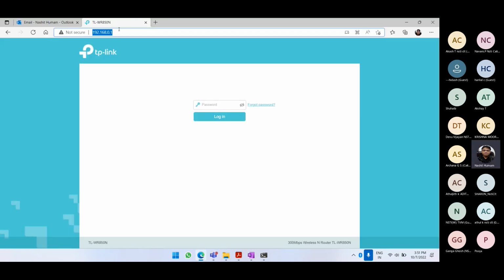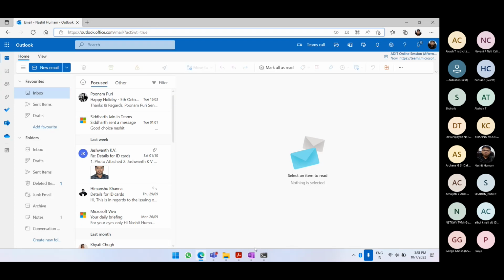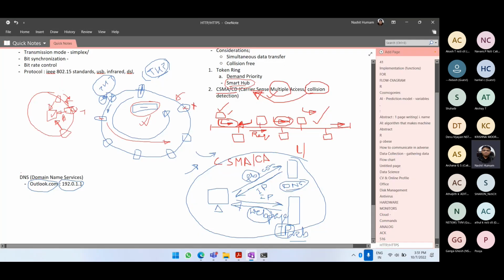So this is what I put, and this takes me to my service provider's gateway. So I hope that makes sense. The problem is that this web page is not routed back via your DNS servers.